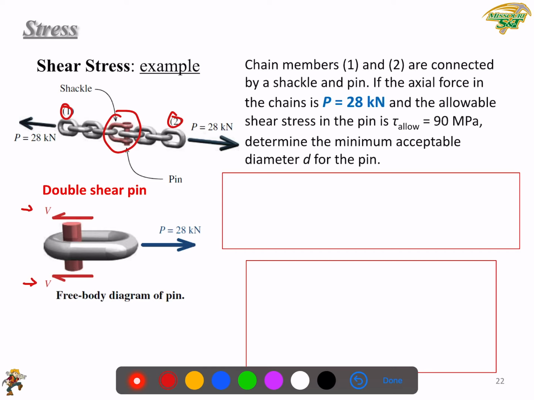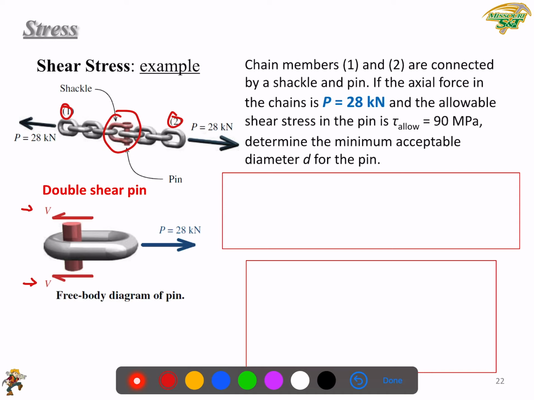So the free body diagram is shown here. We call this kind of pin a double shear pin. This is different from the previous example, where we had just a single shear pin. In that pin, you can only see one cross section carrying the shear, but here two. So we call it a double shear pin.